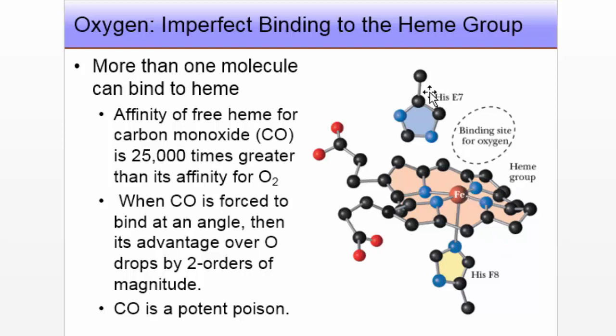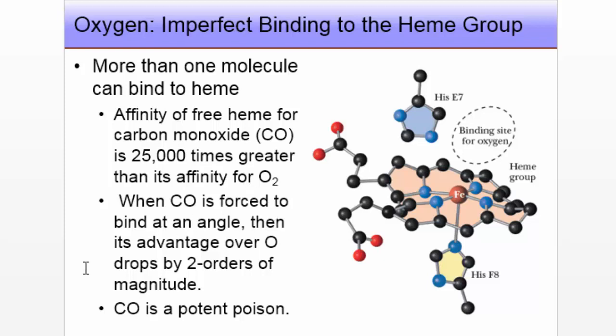It acts as a gate that opens and closes as oxygen enters the hydrophobic pocket to bind to the heme. Now, the E7 histidine sterically inhibits oxygen from binding perpendicularly to the heme plane, with biologically important ramifications. The affinity of free heme for carbon monoxide, CO, is 25,000 times greater than its affinity for oxygen.